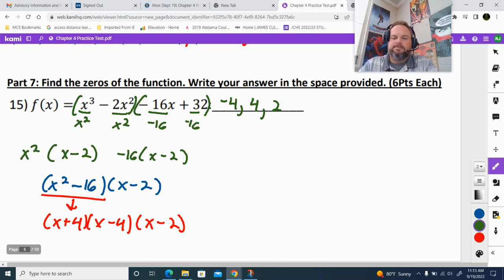Okay. As long as you have just the right numbers in there. If you did -4, 2, 4, or any combination permutation of the following. Okay.